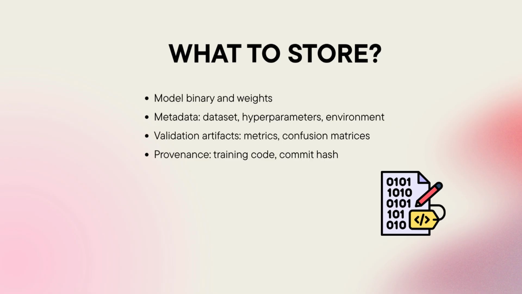Provenance is also vital. Linking back to the training script, git commit hash, and even container images ensures that the entire lineage can be reconstructed. Together, these artifacts transform a model from an isolated file into a fully documented, auditable package ready for deployment and long-term governance.